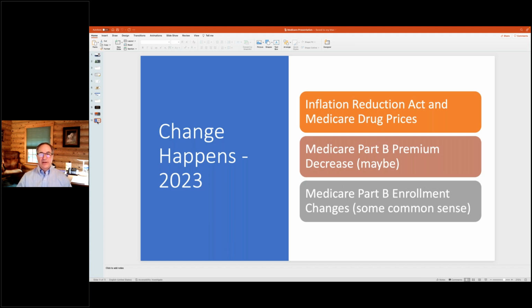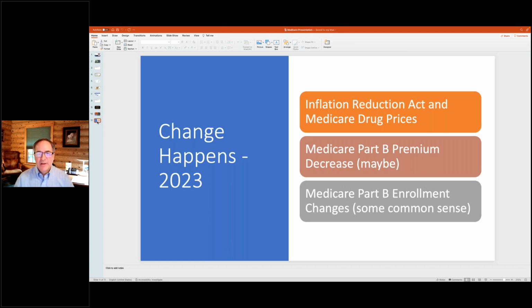But also, he'd get a penalty. If this individual had no other coverage, like nothing through an employer, and he had just Medicare Part A and nothing else, then he was going to get a 10% rate up per year on his Medicare Part B, which means he was going to get a 50% rate up for his Part B because he never signed up for Part B ever. And he was not going to be happy.